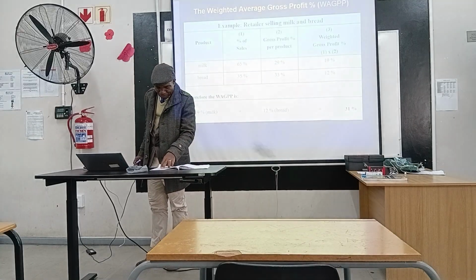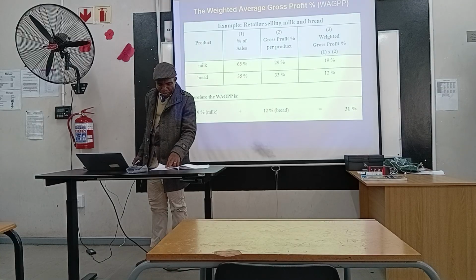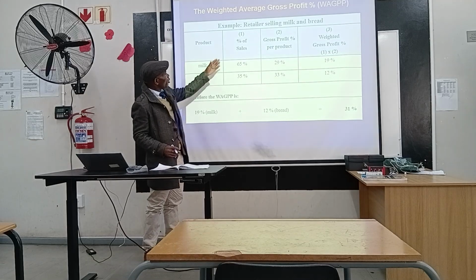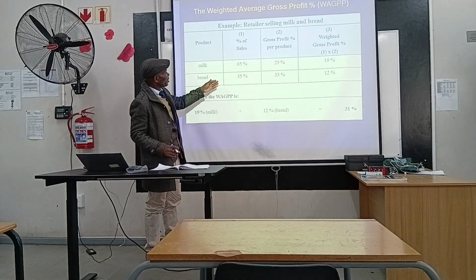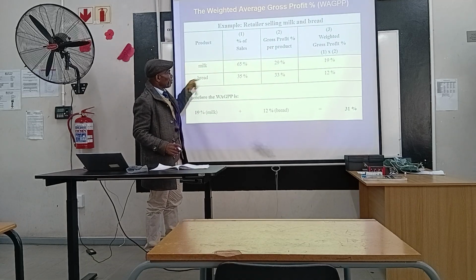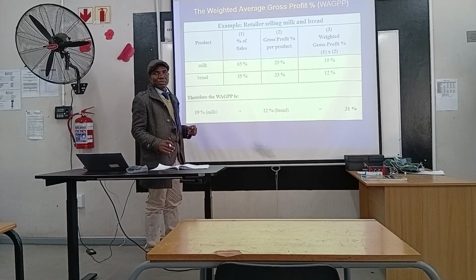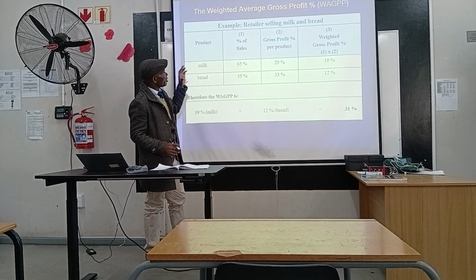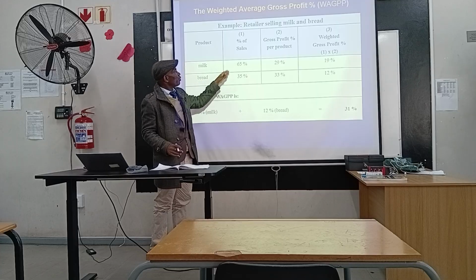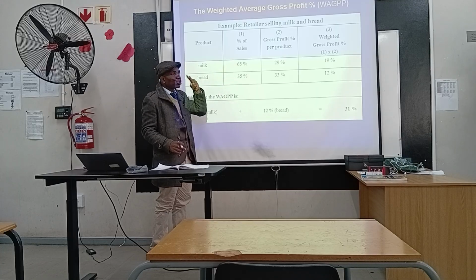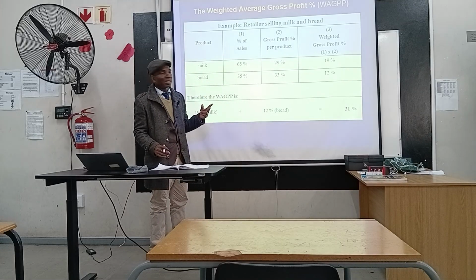Then your book says this means a specific product's share of the total sales. When you look at the two products, milk and bread, for example, the total sales of these two is 100%, right?